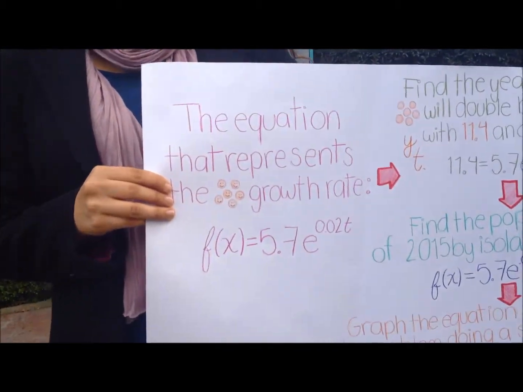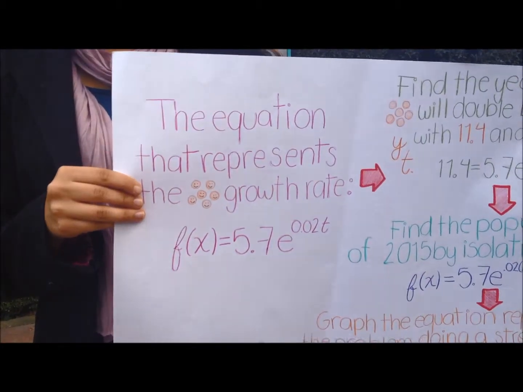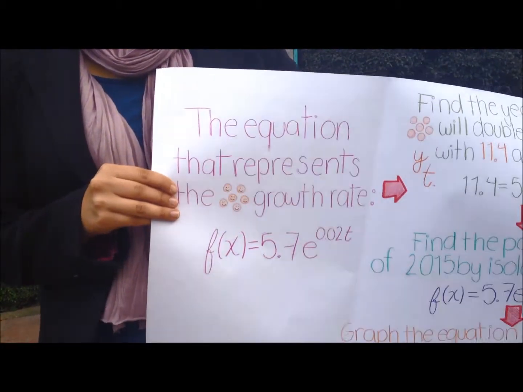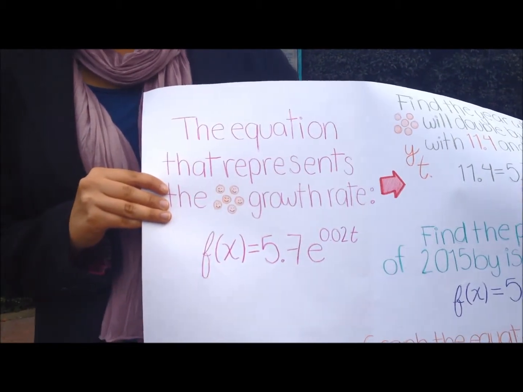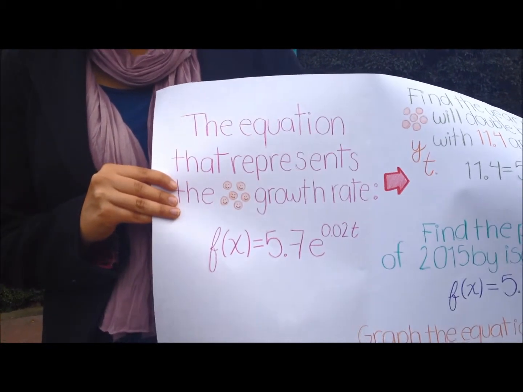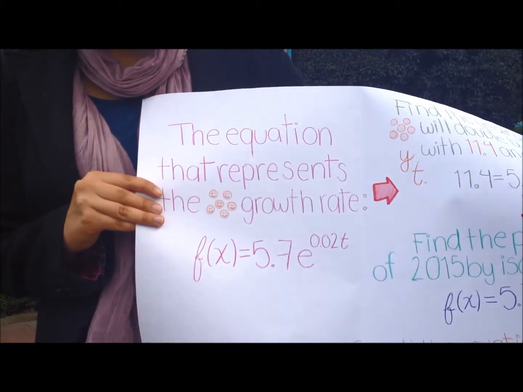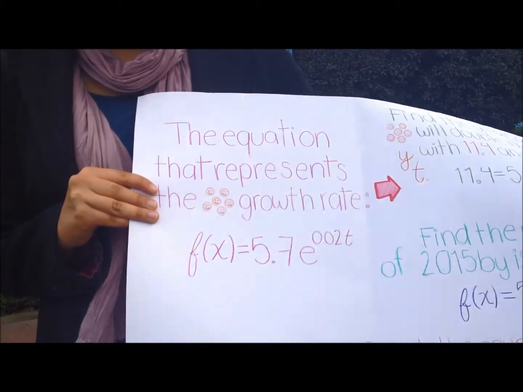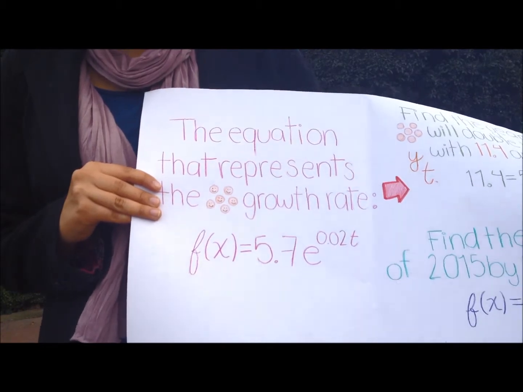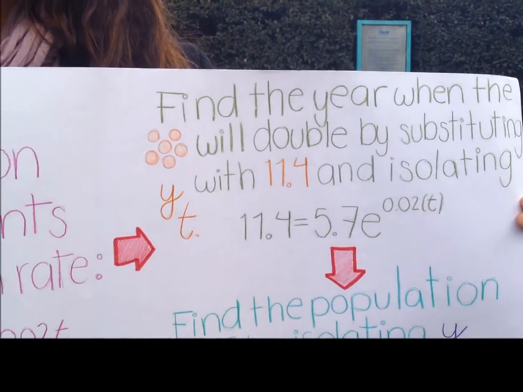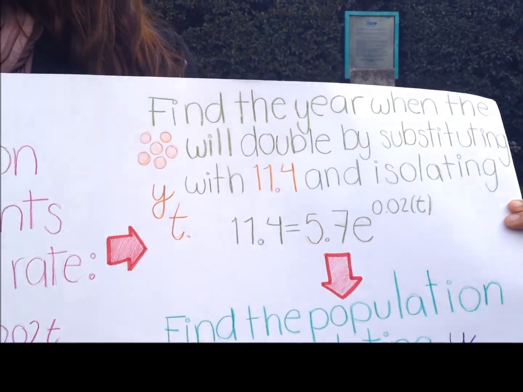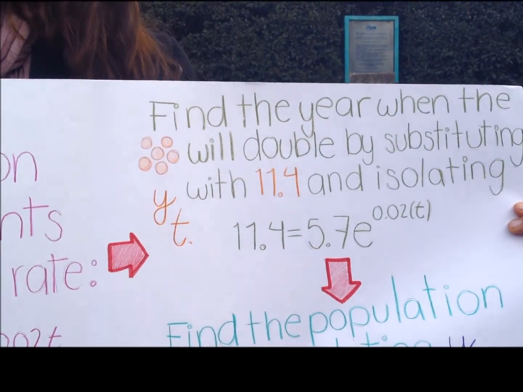First, we found out what was the function that represented the population growth rate. And it says that f of x is equal to e elevated to 0.02 times t, and we have to multiply this by 5.7. In the next step of the flowchart, we have to find out when the population will double.